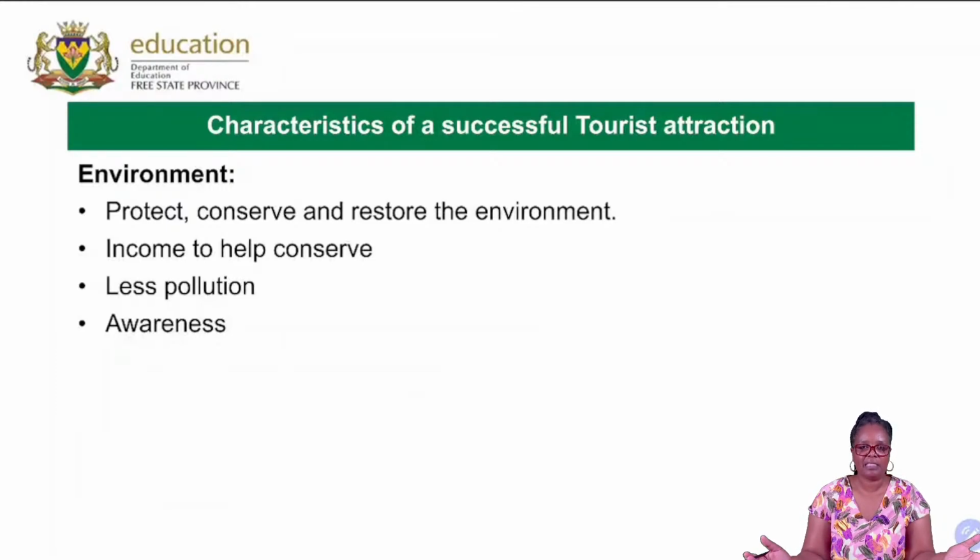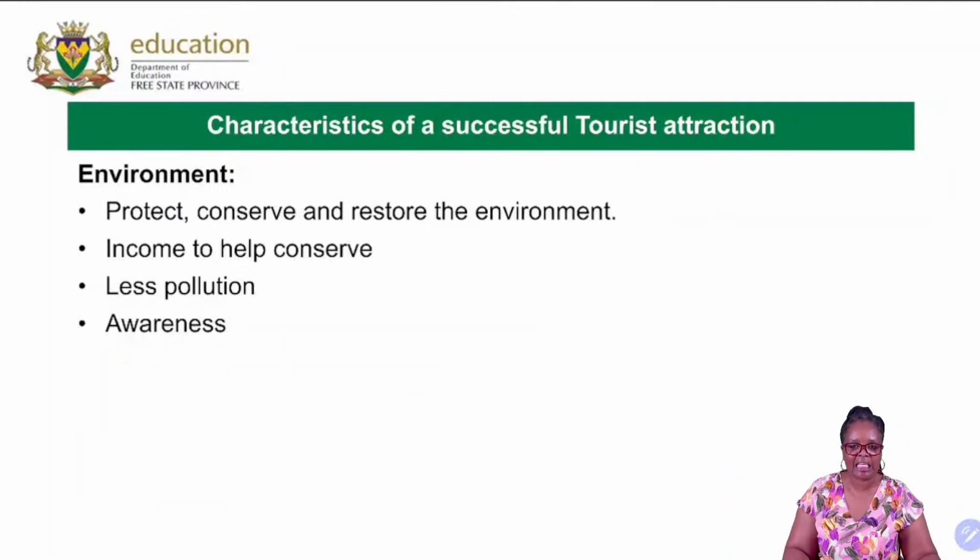There must be strategies around the area, around the attraction, to make sure that the environment is natural, clean and intact. They have to make sure that there is less pollution around the area. They have to make sure there are bins everywhere whereby people can put their litter inside those. No littering.